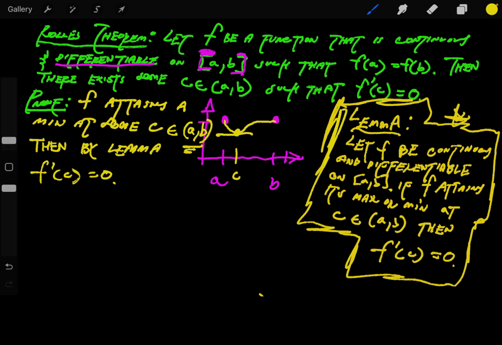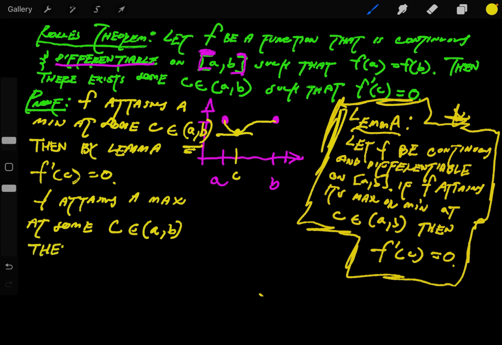But let's say that f attains a max, and for the same reason, f attains a max at some C contained in the open interval, then again by the lemma, f prime of C equals 0, and there's some C that is guaranteed.